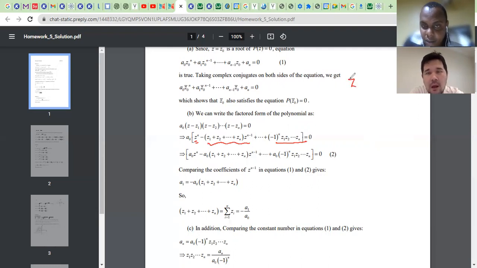So (Z minus Z1), (Z minus Z2), up to (Z minus Zn). So if you multiply Z up to that, you get Z to the power n.